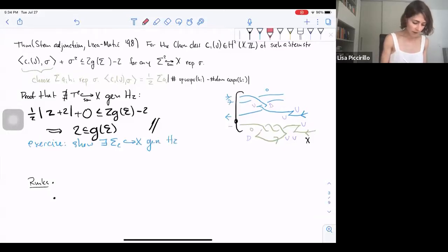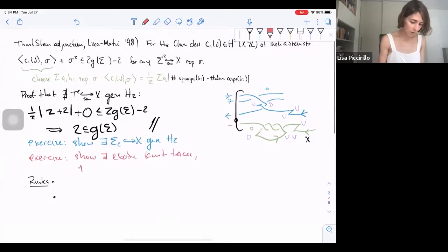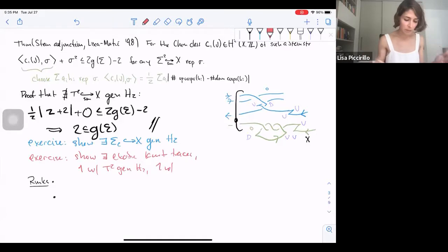And a much harder exercise, but I think this is a good challenge for anybody who's really trying to wrap their head around and get good at using these techniques in practice, is to try to show that there exist exotic knot traces, maybe one with a torus generating homology and one where the minimal genus surface you need is arbitrarily large.